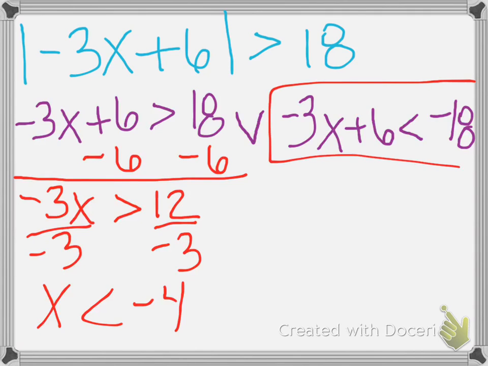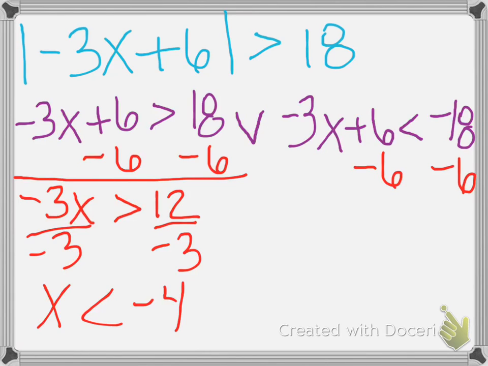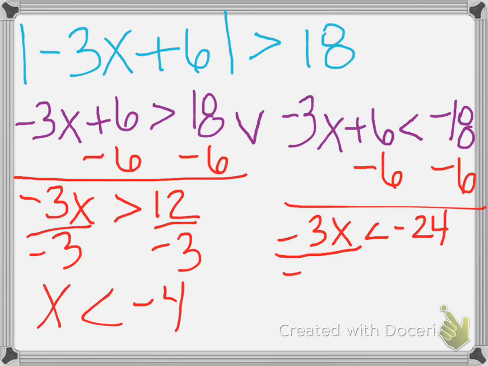And now on to the right side inequality. So we're going to do the same thing that we did just a second ago. Subtract 6 from both sides. When we subtract 6, that's going to tell us that negative 3x is less than negative 24. And divide both sides by negative 3 so we can get that x all by itself.